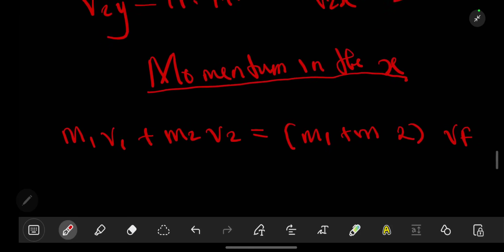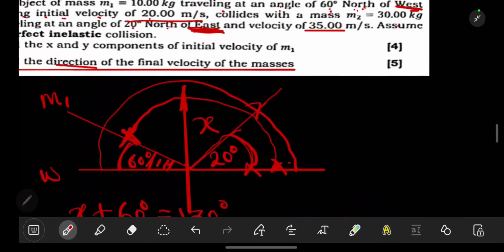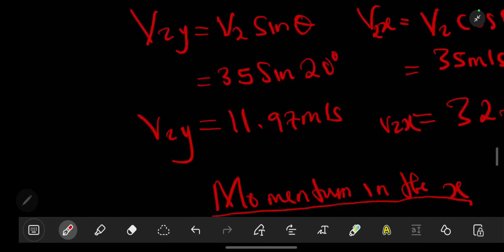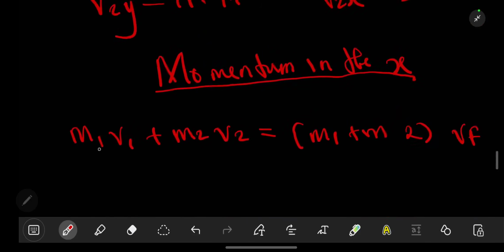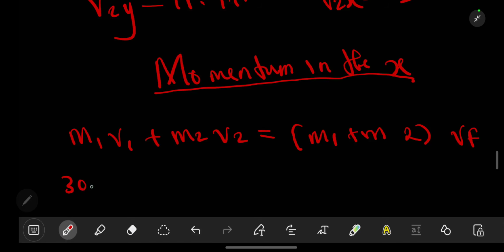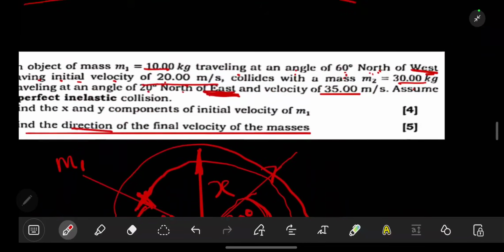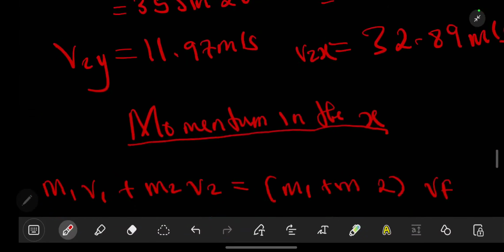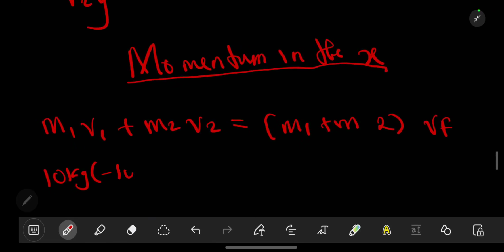So we have our M1, which is equal to 10, M2 is, where's M2? M2 is 30. So we are going to say this will be our 10 kg times our V1, velocity number 1, which was for M1. We found the velocity in the x to be negative 10 meters per second. So we are going to have negative 10 meters per second.